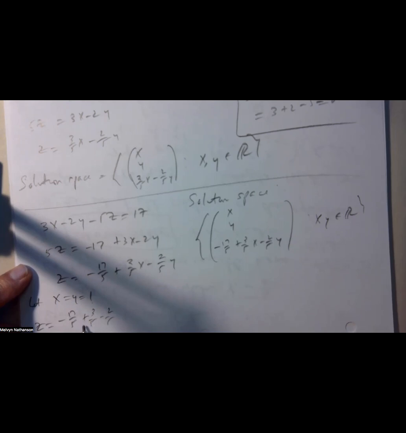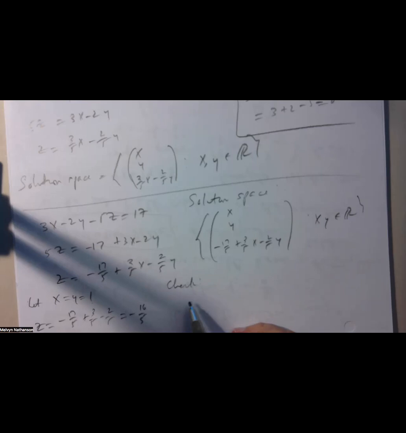That is minus 16 over 5. Let's check. 3 times 1 minus 2 times 1 minus 5 times minus 16 over 5 is equal to 3 minus 2 plus 16, which is 19 minus 2, which is 17.